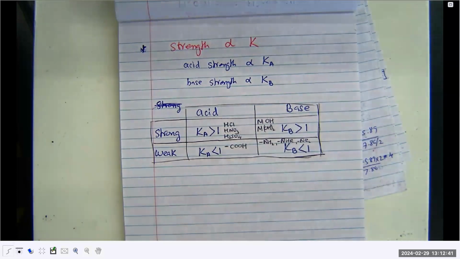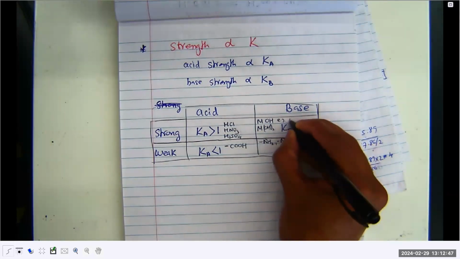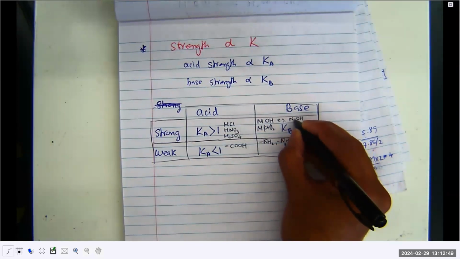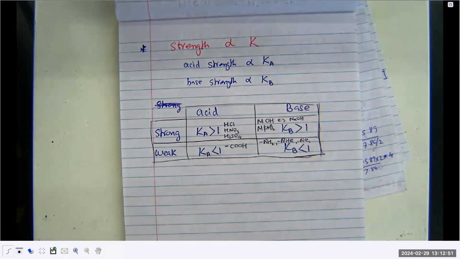So these are our strong bases. Example: NaOH, KOH. Those are strong bases. The idea is when they dissolve in water, they provide OH minus ions to water. That's what makes them strong bases.